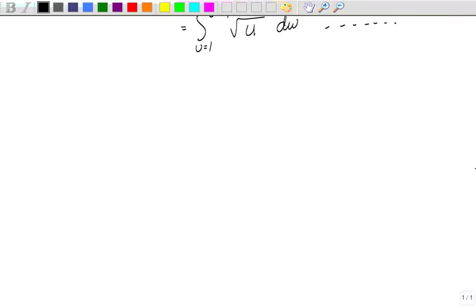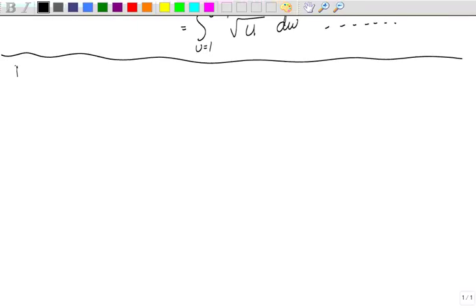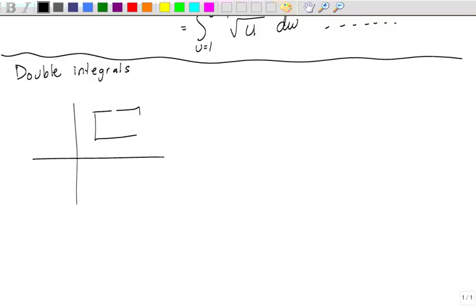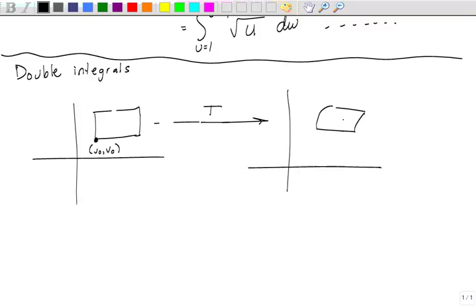With double integrals, what we're going to do is take this region S and let's take the corner point (u0, v0) and translate it over here to R. Let's say this is S, and this point is going to be (x0, y0).